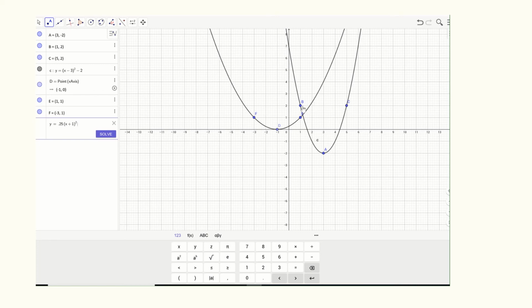In other words, we had a equal to 1. But in our second graph, a was equal to 1/4, which means we were going to have a dilation. And since the absolute value of it was between 0 and 1, in other words 1/4, then we would say that the graph is compressed vertically.